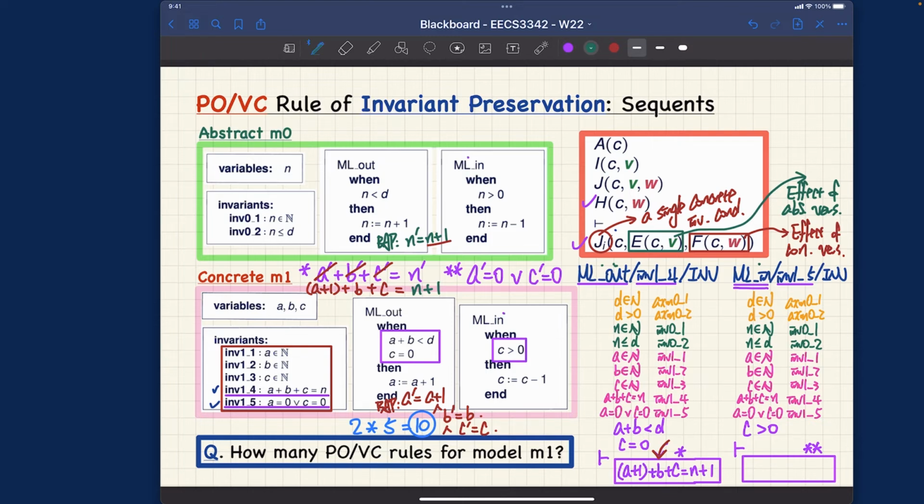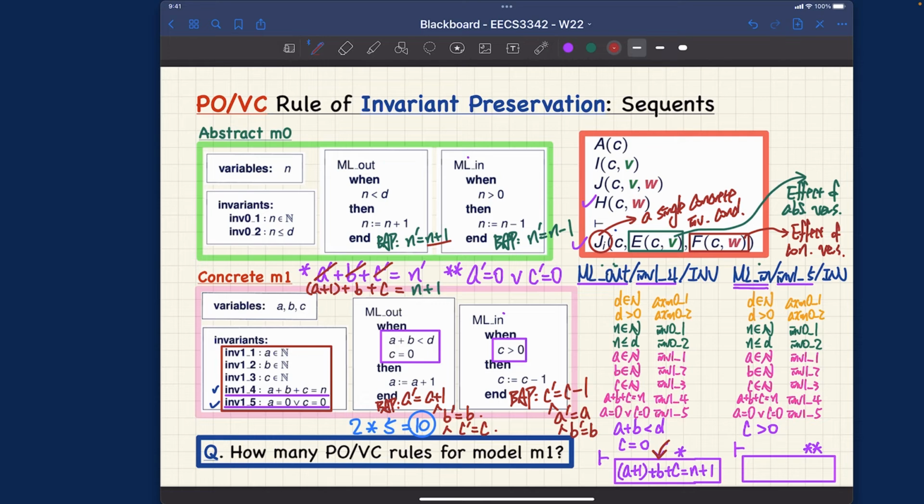In the abstract version, the before-after predicate, we spoke about it before: M prime equals M minus 1. And the before-after predicate for the concrete version should be C prime equals C minus 1. And don't forget, A and B in this case don't change: A prime equals A, and B prime equals B. You can see everything actually gets connected together when we formulate the sequent and later when we do the proof. Let's now do the substitution.